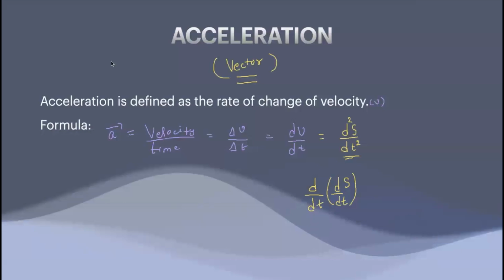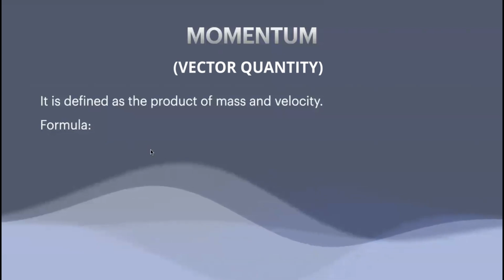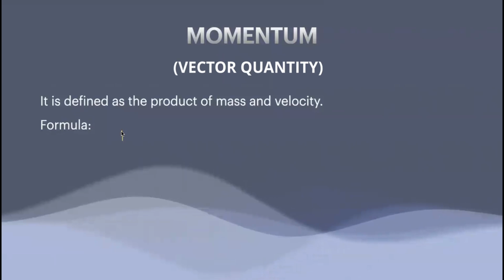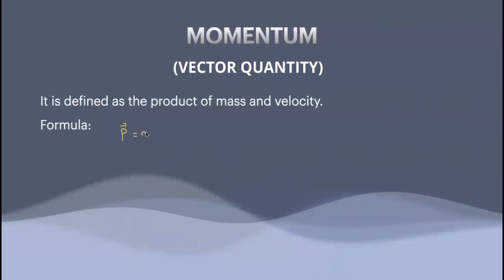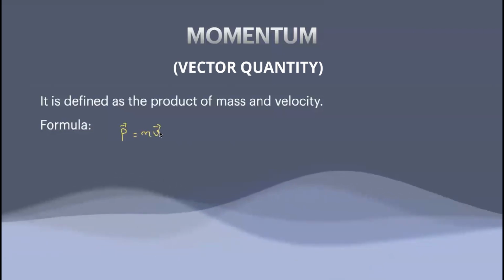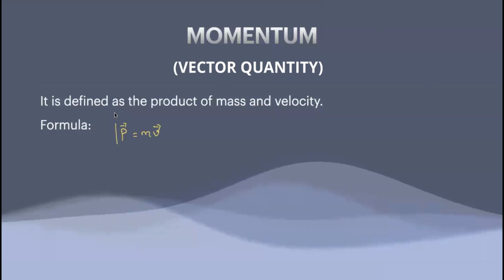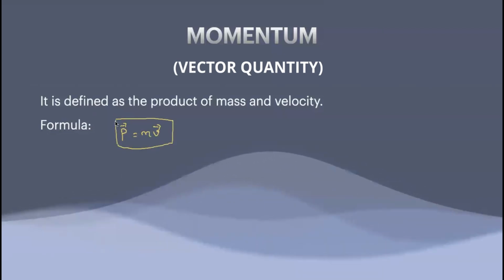Is this clear? Next, momentum. What is momentum? Momentum is defined as a product of mass and velocity. So momentum is denoted by the letter P, which is equal to m v.